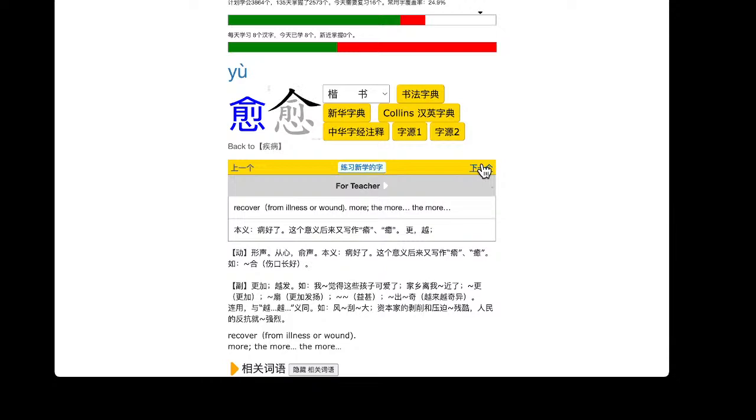On the bottom is 心, your heart, which also refers to like your psychological state. It's like once you heal from your illness or your wound, you feel better, you feel good, you're happy about it, instead of being in pain and suffering like you were when you were hurt and sick. And this one, 全, inside is 全, meaning all. Kind of like when you're all better.